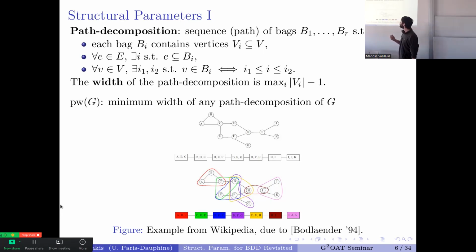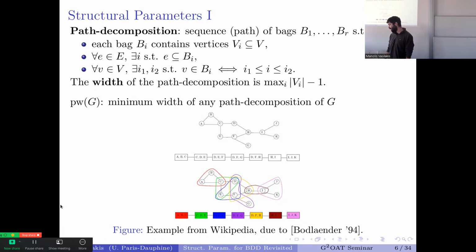The important property is that if we look at the nodes of the path decomposition that contain a given vertex of our initial graph, then this is a subpath. So those nodes are connected.